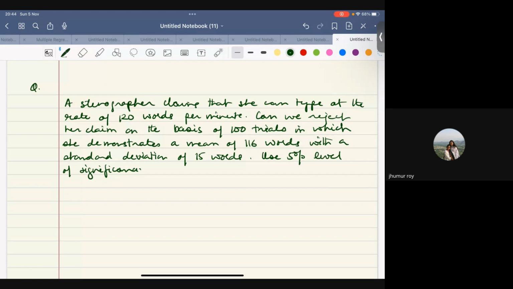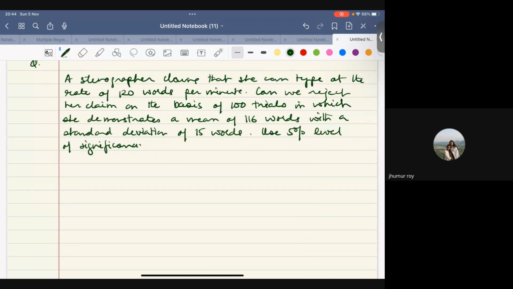We are going to take plus 1.96 to minus 1.96. Now if you see what is the information which is given to us, I'll just write down. She is saying that she can type at the rate of 120. Second, how many samples have we taken? 100 trials.